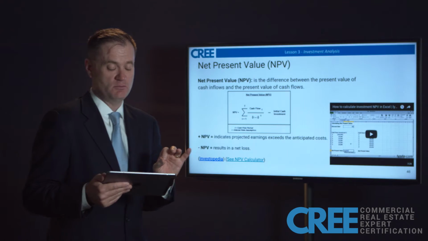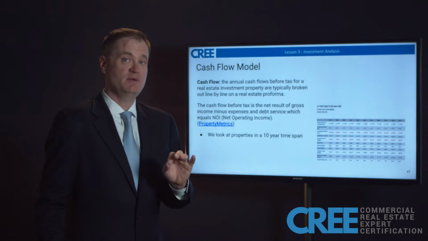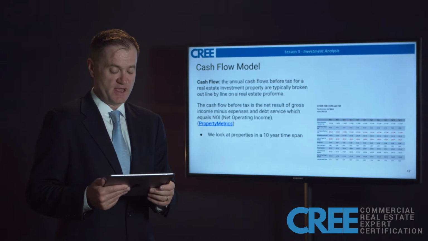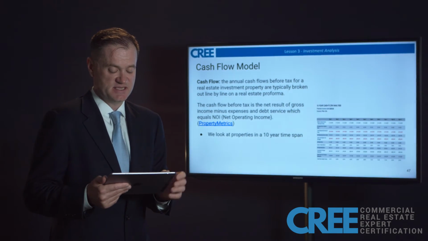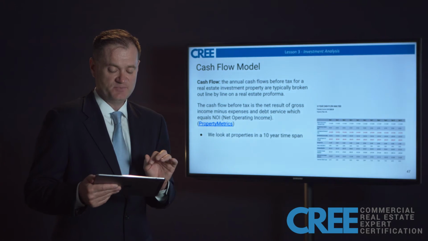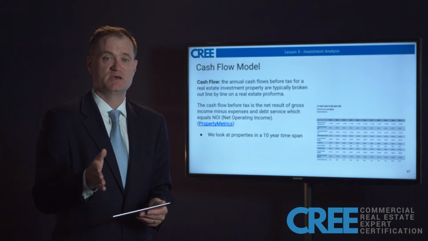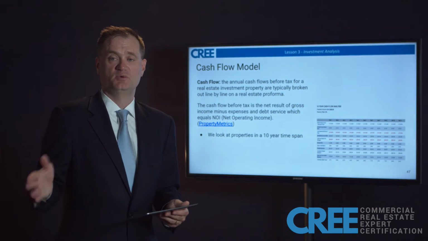Okay, cash flow model. We have talked about the cash flow model. I have shown you the 10-year cash flow statement already, and I believe it is a great way to be able to look at an investment over multiple years.